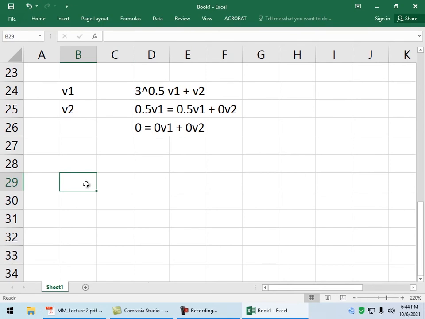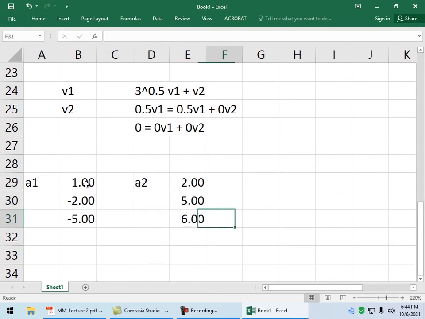The idea is we need to just calculate what will be the values for x here. Okay, so we had initially vector a1, which is 1, minus 2 and minus 5. We have vector a2, which is 2, 5 and 6, and we have vector b, which is 7, 4 and minus 3.